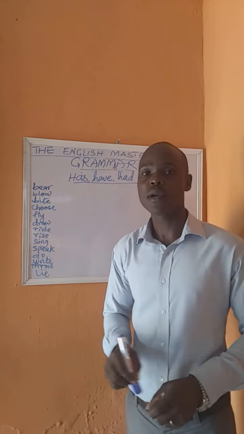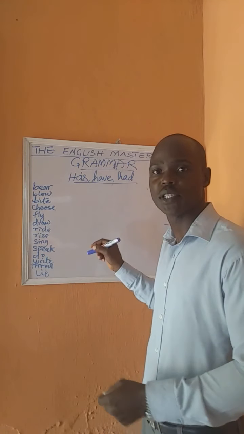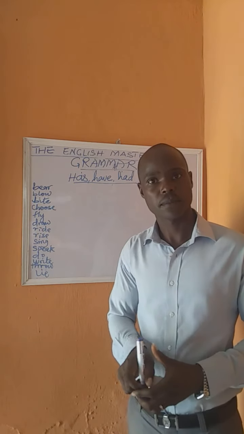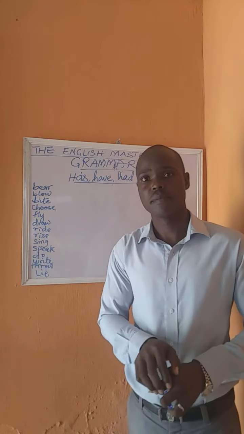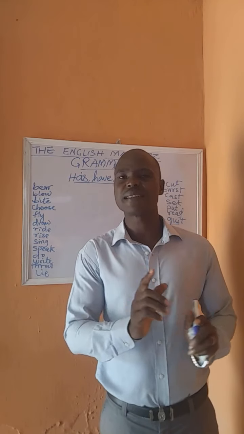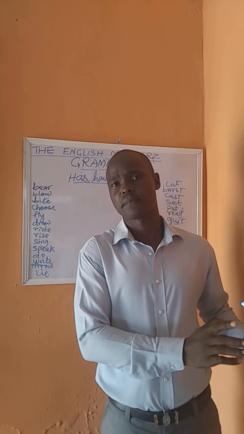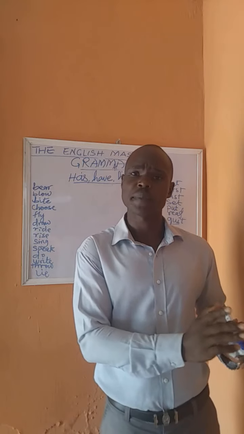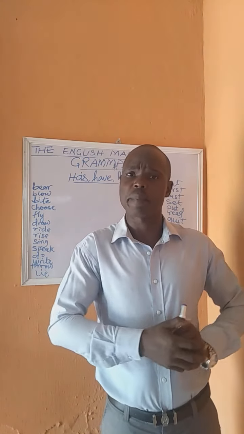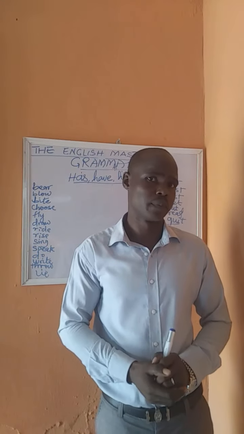Well, before we go far into discussing that aspect, let's first review something. When using verbs, there's something you want to remember. It is the state of the subject. Is the subject appearing in singular form, or is it appearing in plural form?